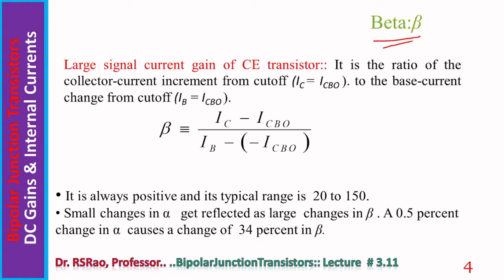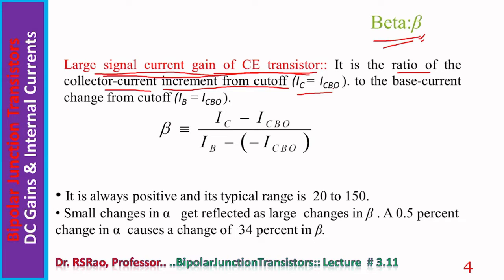A few points regarding beta. What is the exact name of beta? Large signal current gain of a CE transistor. As the name is too long to be used comfortably, usually it is called beta. By definition, it is the ratio of the collector current increment from cutoff. Cutoff means IC equal to ICBO. What is ICBO?